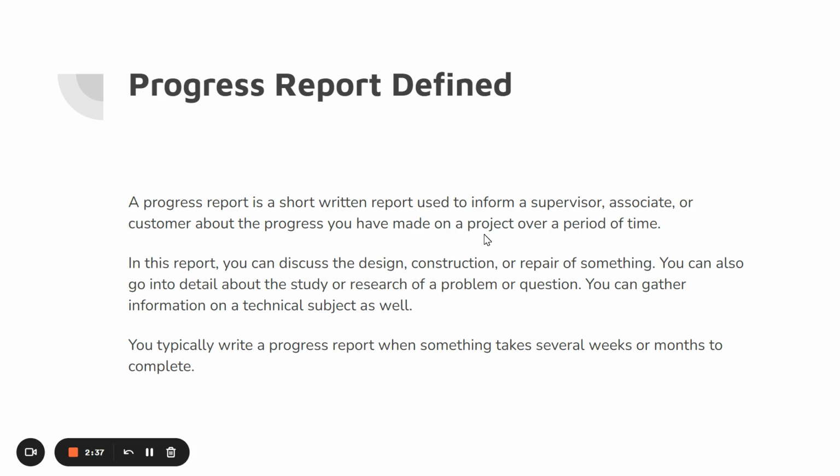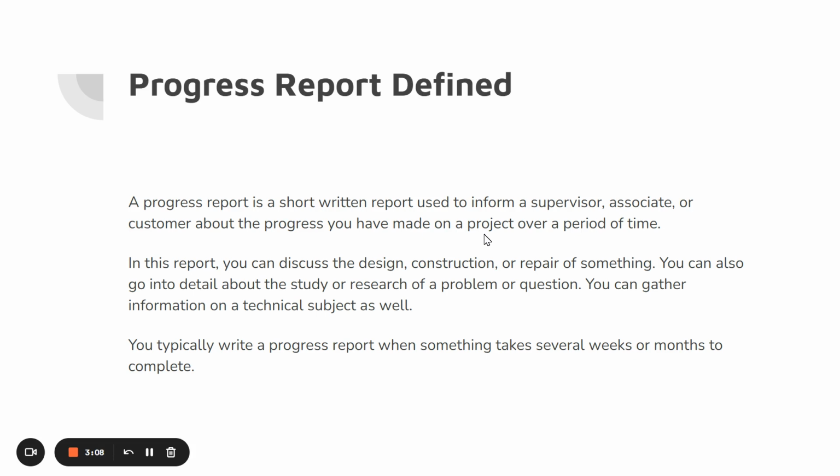If your progress report is focusing on the repair of a car that has been in a car accident, you're going to let them know where you are in a certain part of that progress, what you have completed, how much money you've spent up to this point, what you have left to do, what you believe is ultimately the end of the estimate, and if there's going to be any additional funds that you didn't anticipate.